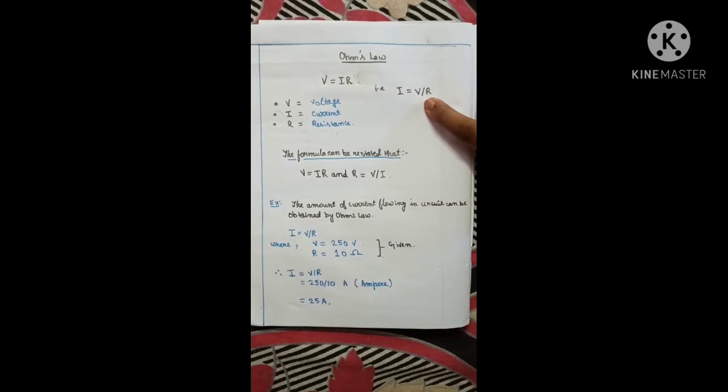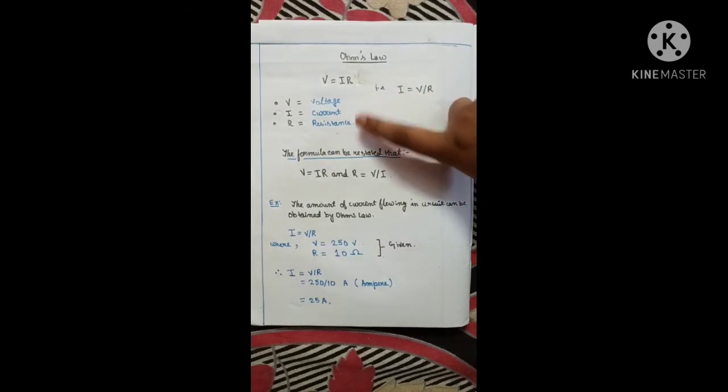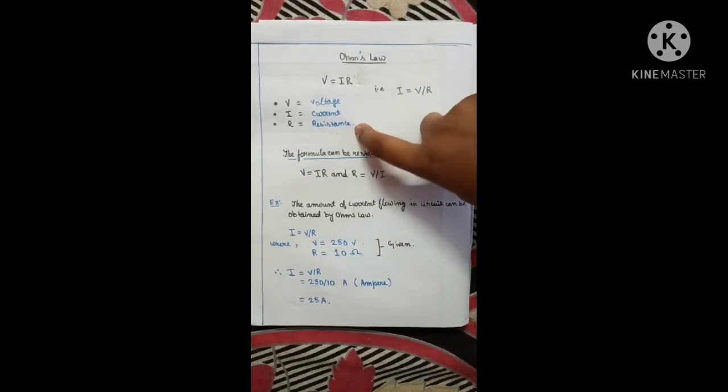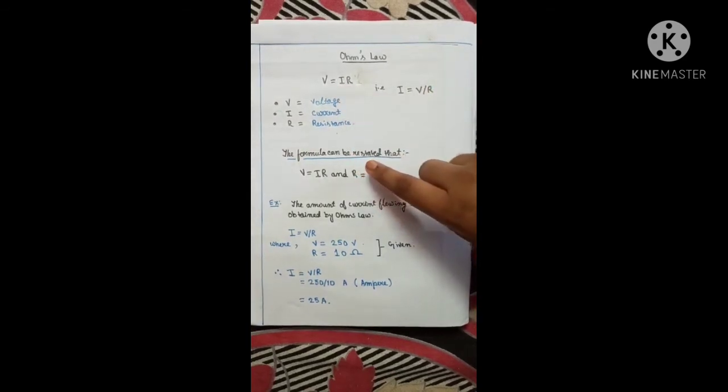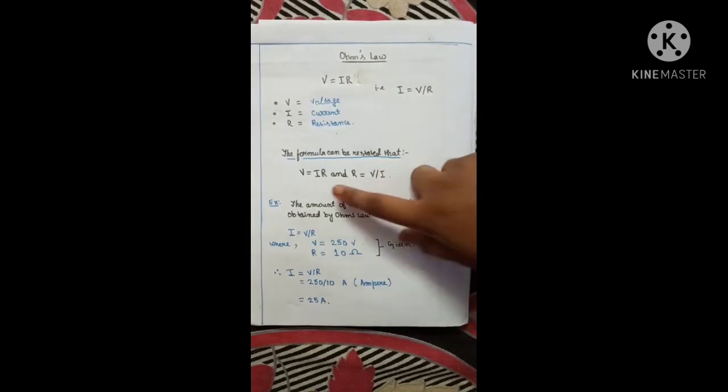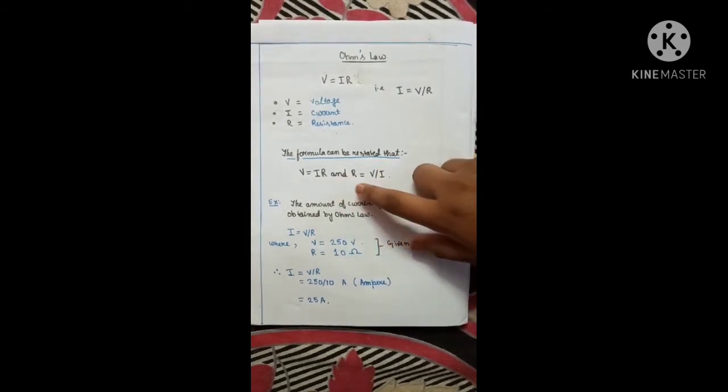That is, I equals V by R, that is, current equals voltage divided by resistance. We can also write it in this form, V equals IR. The formula can be restated as V equals IR and R equals V by I.